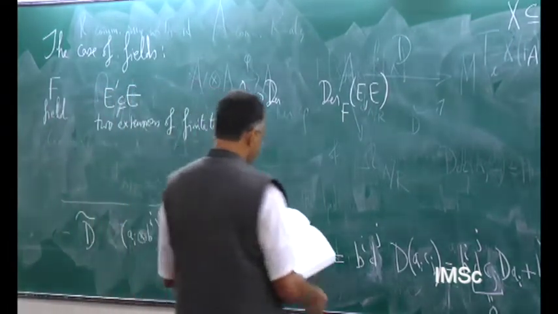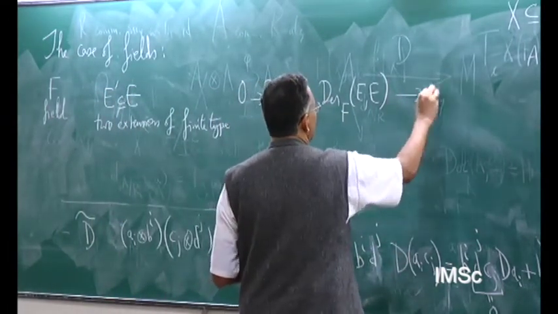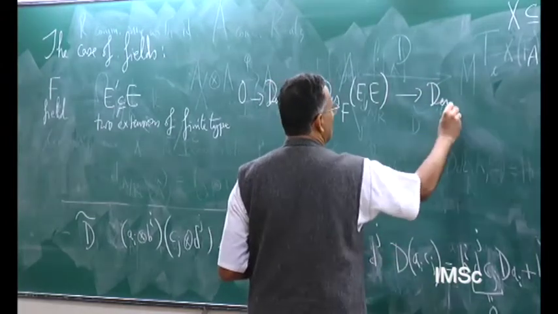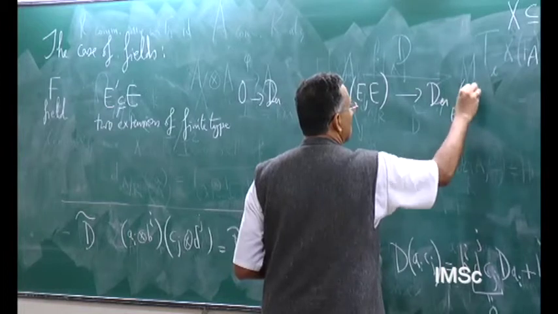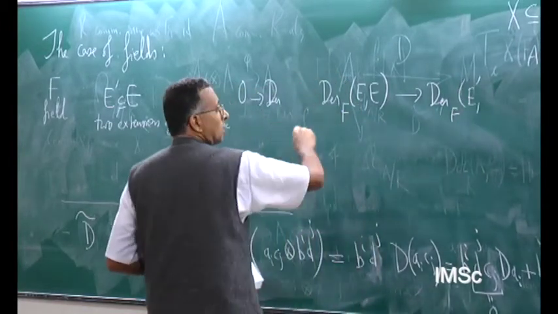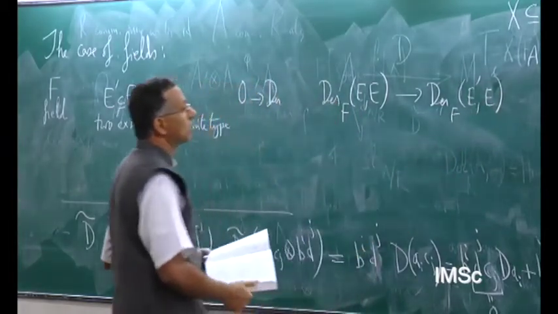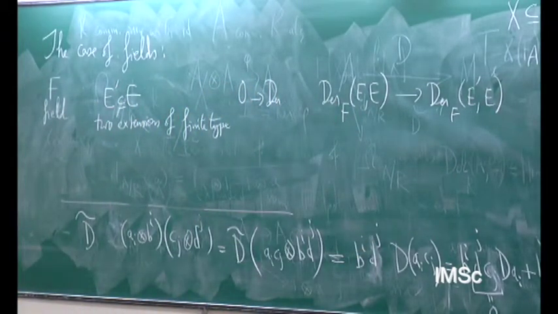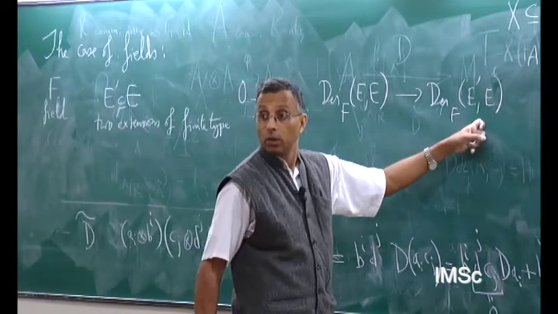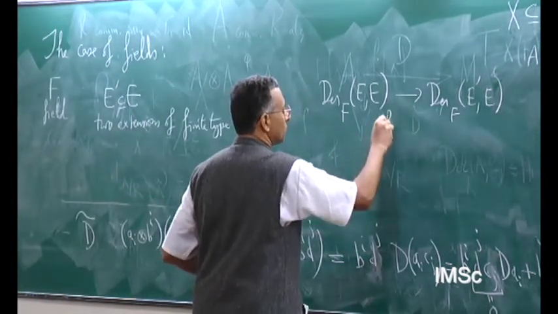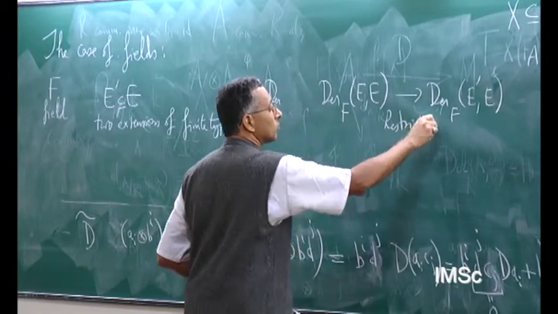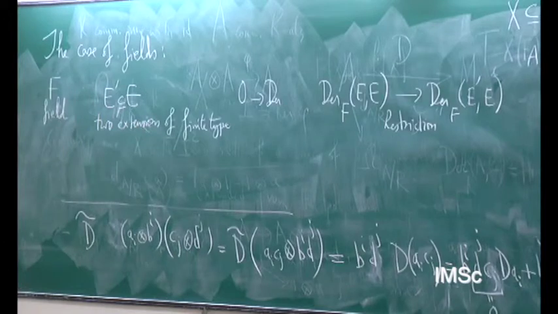That is just the restriction map. I restrict an F linear map from E to E, to the F subspace E prime.